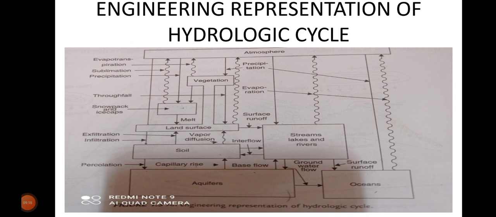Next, coming to the engineering representation of the hydrologic cycle. As I told, there is no beginning or end of the atmospheric water cycle. Basically, we are assuming that the water reaches the surface of the land in the form of precipitation, and there are different forms like hail, snow, dew, and frost.